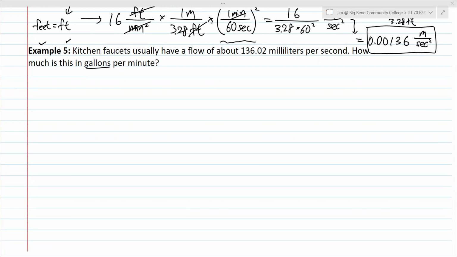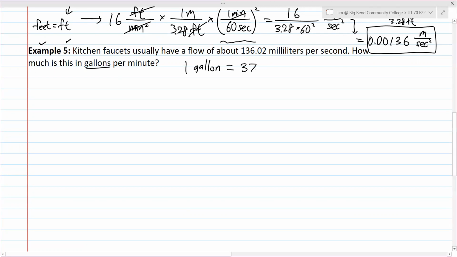So we have to recall the gallon unit. So 1 gallon equals something milliliter. We just have a lot of information in this entire world, so we have to know what they are. 1 gallon, that's the unit for gasoline in general.